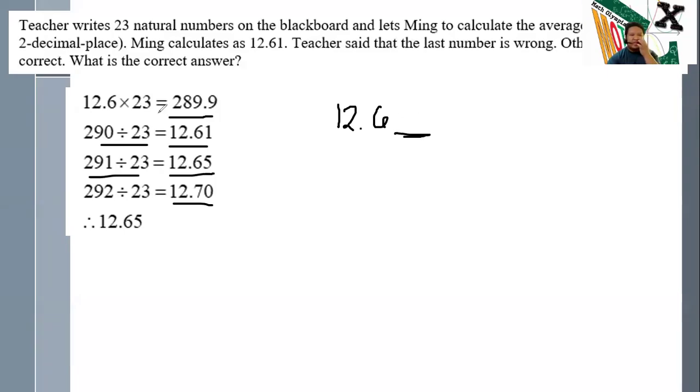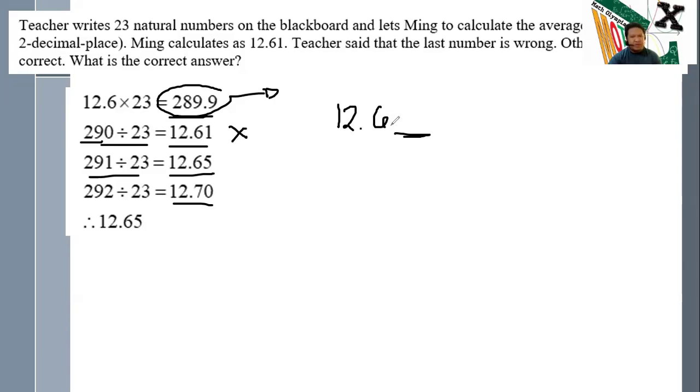So approximately, we can use 12.6 to find the sum, because 12.6 times 23 is basically the sum of those 23 natural numbers. But we cannot have exactly 12.6, so we approximate the next sum, 290. That's 12.61.